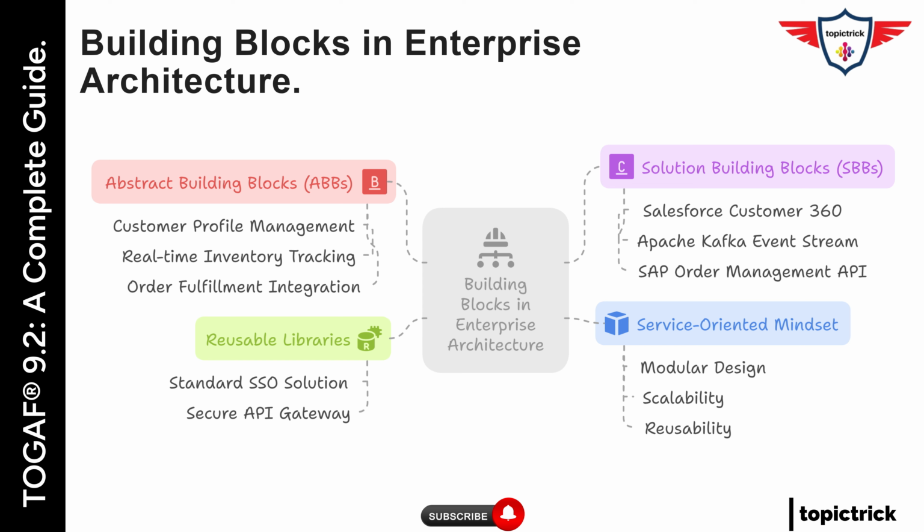When the project moves into the solution design phase, these ABBs are mapped to SBBs, such as Salesforce Customer 360, Apache Kafka Event Stream for inventory, and SAP Order Management API. Each SBB is chosen to fit the enterprise standards, existing systems, and budget. Together, these building blocks form a structured, modular approach to system design.